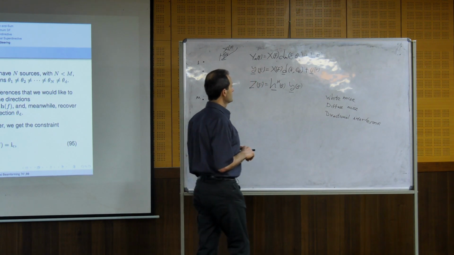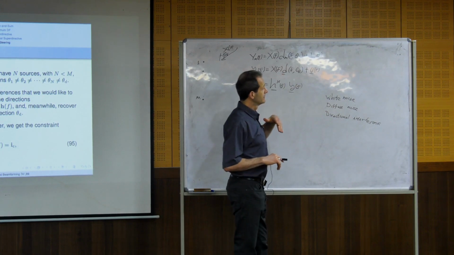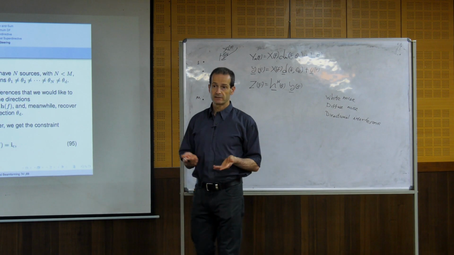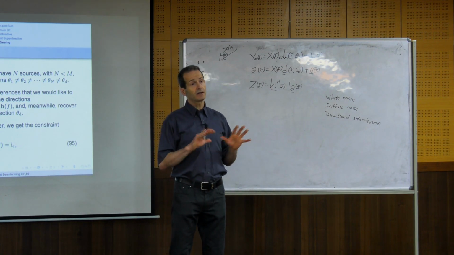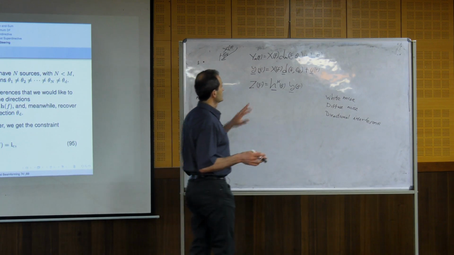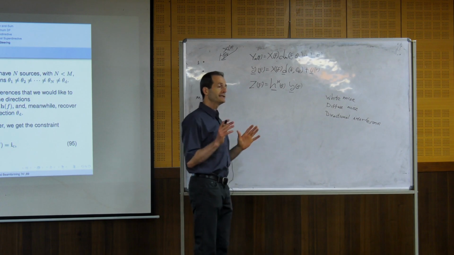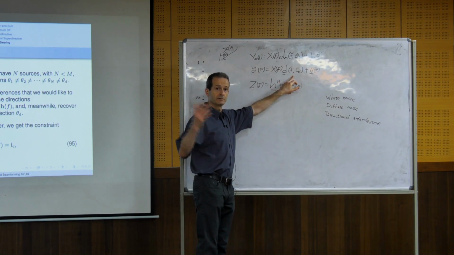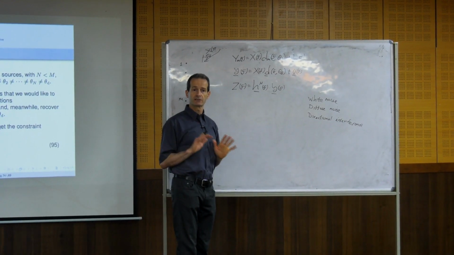So if we assume that we have white noise, we can try to maximize the signal-to-noise ratio when we don't know any other information. Because we don't know any information on the signal, we need to assume that any signal that comes from that direction, theta d, will not be distorted.